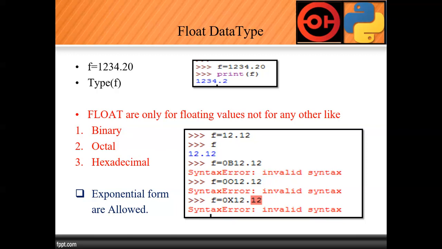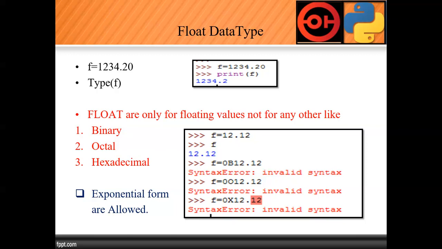If we have a decimal number, we can convert it into an octal number by using the oct function. And if you want to convert the decimal number into a hexadecimal number, then we use the hex function. Okay. Such things we already discussed in the last section.